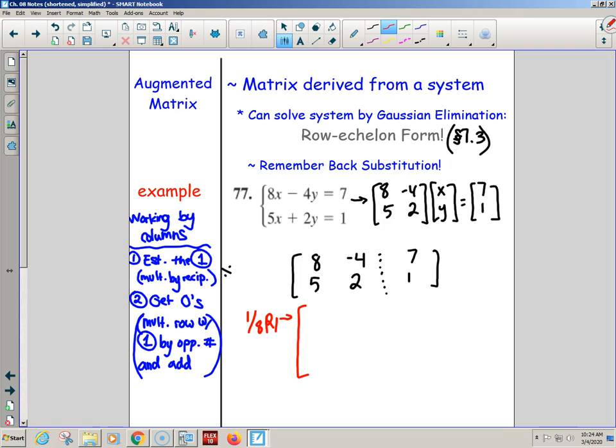The book, like Calc Chat, would write a sentence: I'm taking 1/8 of the old row 1 and putting it in the new row 1. So I'd have 1/8 times 8, 1/8 times -4, and 7 times 1/8. And I've just gotten my 1.